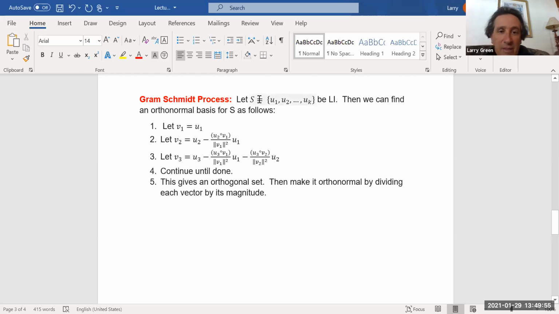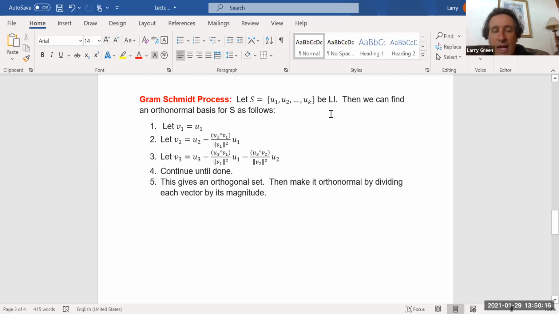So Gram-Schmidt is a good example of that, where it's a process. So here's how it goes. Let me read it out. Let's suppose that we have S, which is the set U1, U2, ... UK, and let's suppose that S is a linearly independent set of vectors.